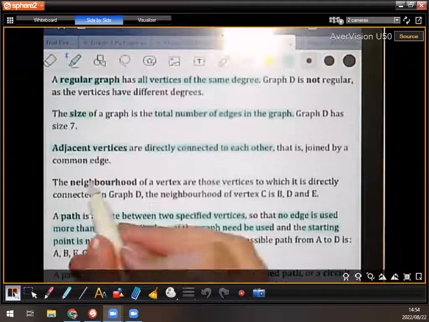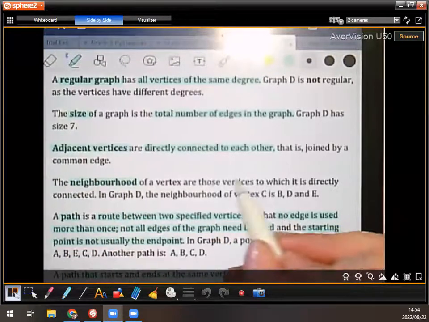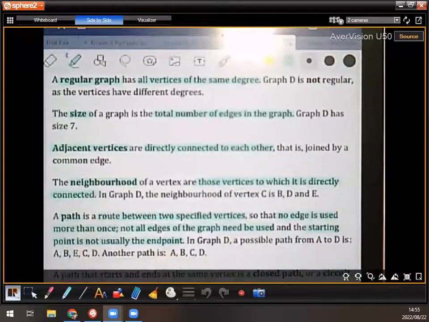Okay, almost there. The neighborhood of a vertex are all of the vertices that are directly connected to that specific one. So I'll show you an example now. Directly connected, not indirectly. Remember last time we spoke about the difference between directly connected and indirectly connected.